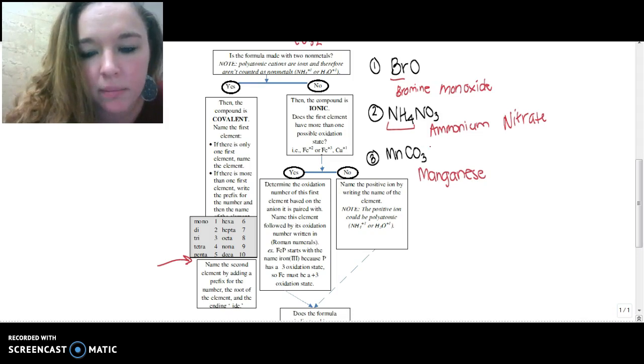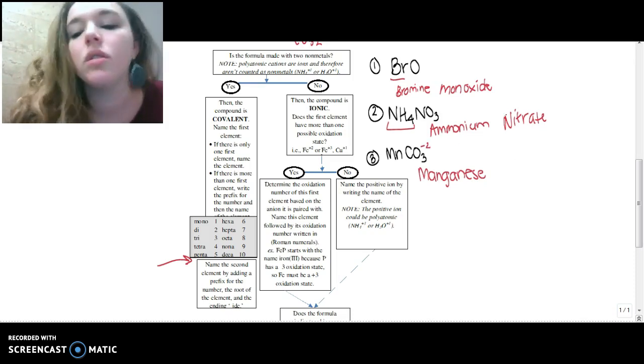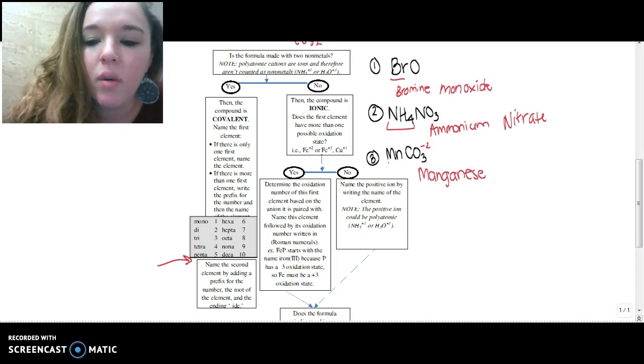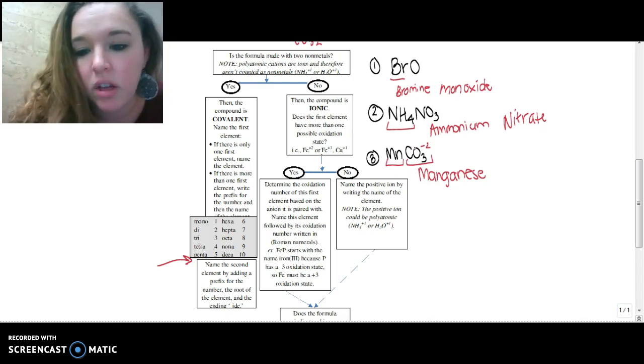Well, I know CO3 gets a -2 charge. So if I have 1 manganese and I have 1 of this CO3 with a -2 charge, that means that my positive charge has to balance out the negative. So it has to be a +2 charge.